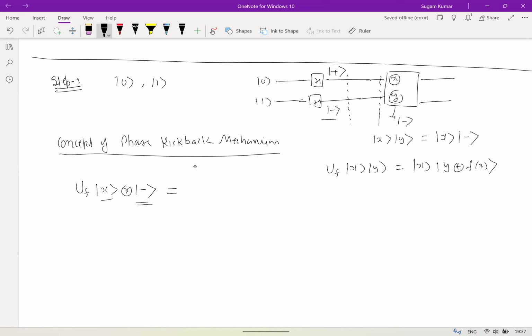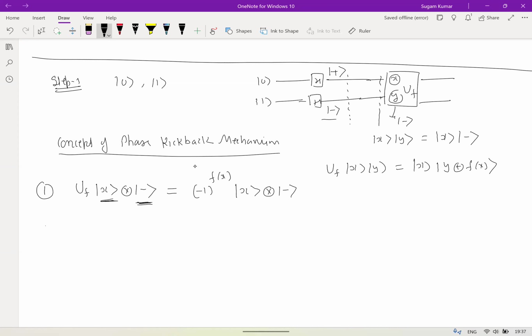So I'm trying to look at what this oracle will do when it acts on these two inputs, and I will prove that this is actually equal to (-1) to the power f(x), times X, tensor product, minus. This is the one result which I want to prove.